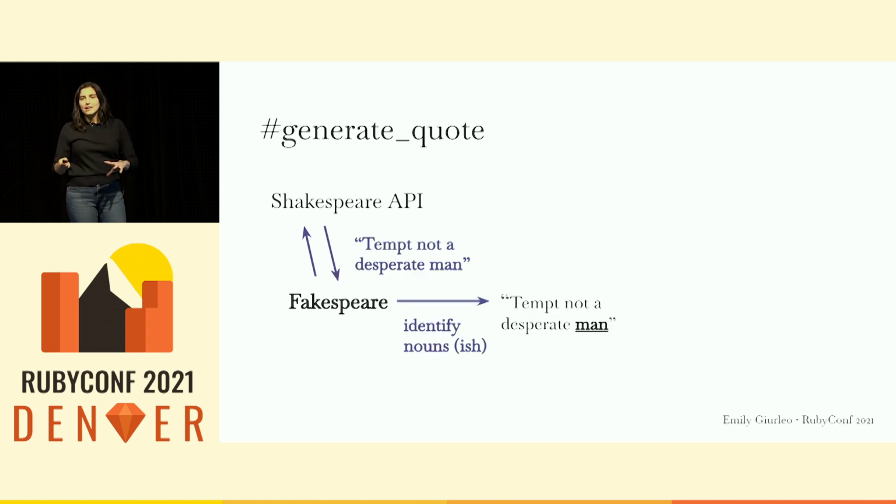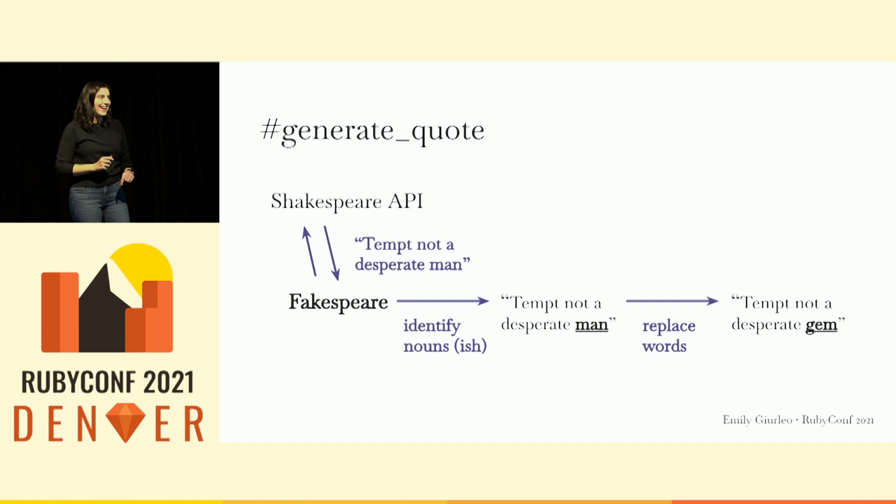Then, it identifies the nouns in that quote, and I'll admit it does this to varying degrees of success. And then it replaces those nouns with randomly generated Ruby words. This method is extremely silly and has no practical use case. But it does demonstrate all 3 of the concepts I want to discuss in this talk, which makes it the perfect way to show you what I mean when I say to mock or not to mock.